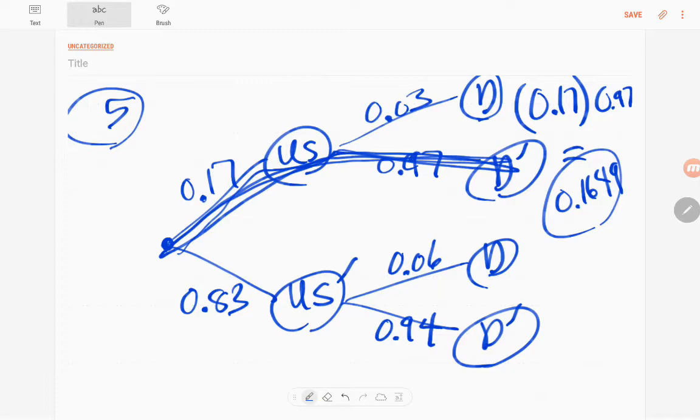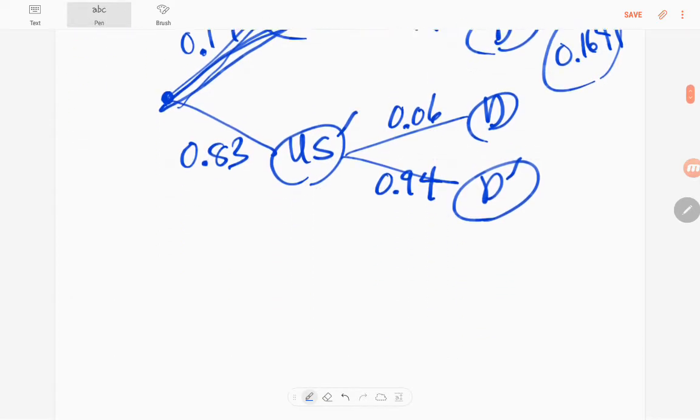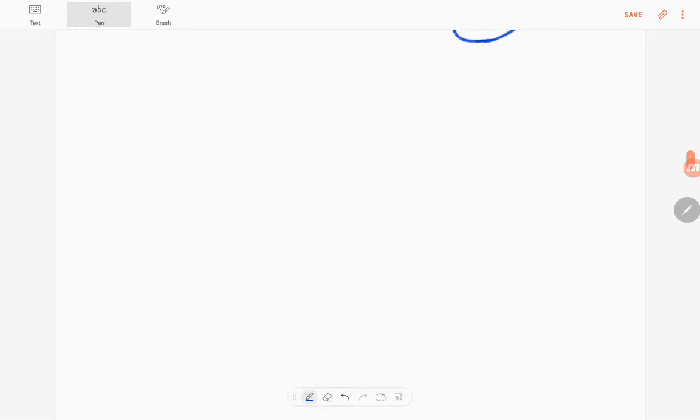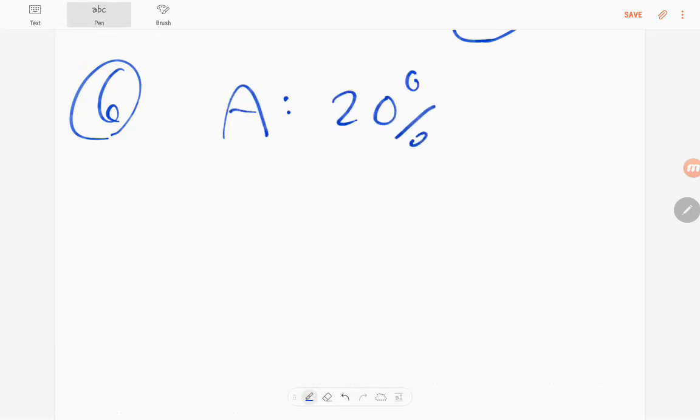But let's try this next one, number 6. Imagine a subject is taking part in a study to test a new cold medicine. The probability that the drug that the subject is taking is drug A is 20%, that it is drug B is 40%, and that it is drug C is also 40%.